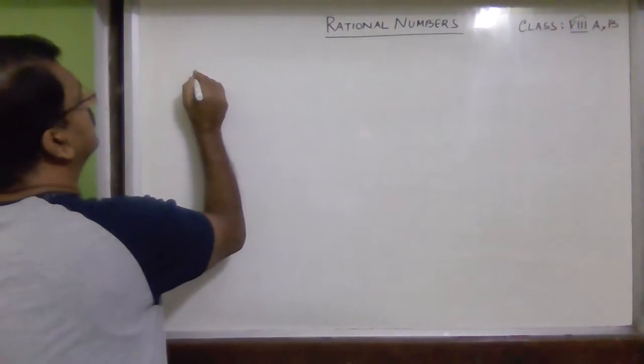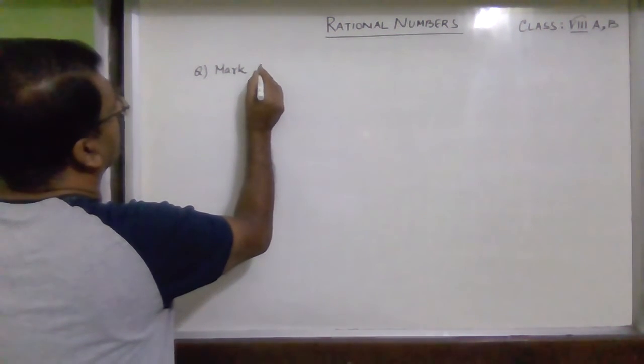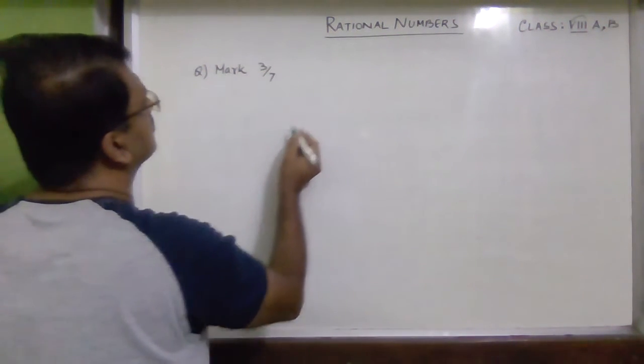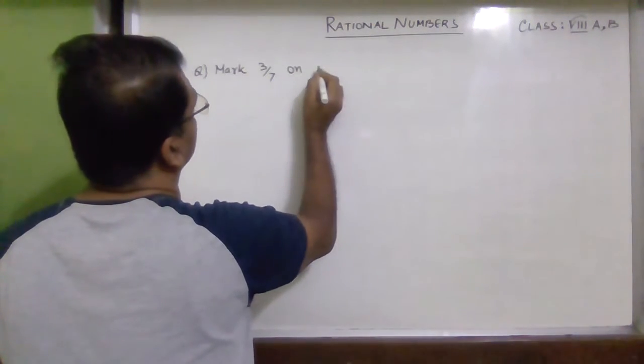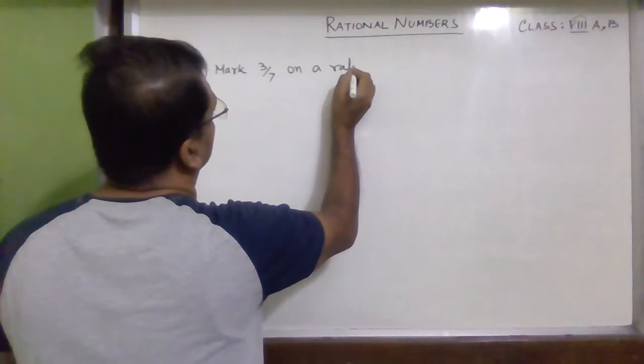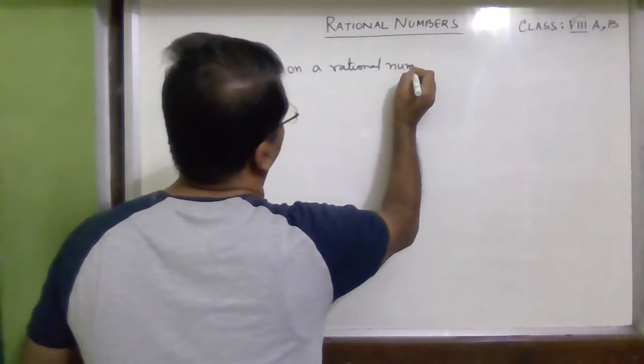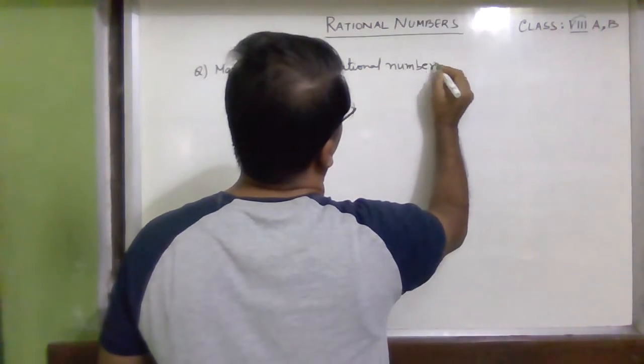There is a question: mark 3 upon 7 on a rational number line.